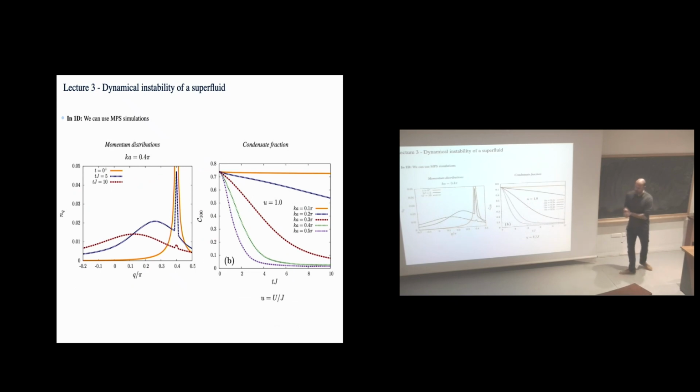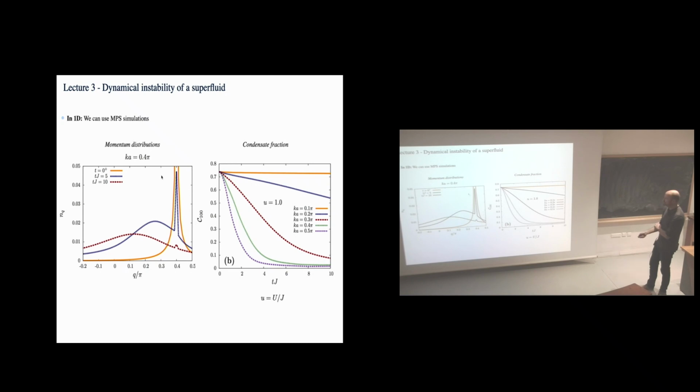And this is something one can easily do with these MPS methods. Here, for example, is a calculation for an infinite system using the translationally invariant MPS. On the left side I show the momentum distribution, already after I apply a kick operator to the system. I prepare my superfluid state, which has a huge occupation in one particular momentum mode, this peak here.